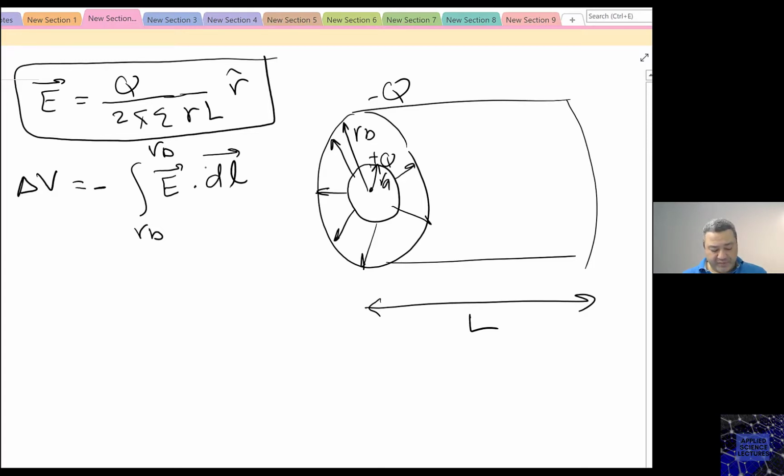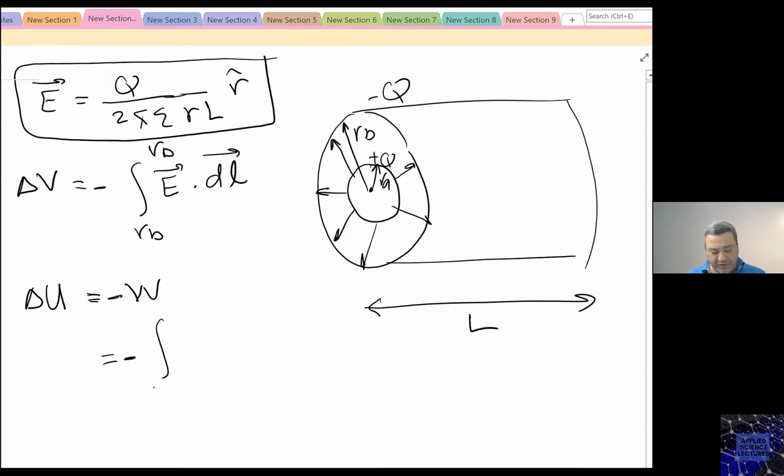Now, if we want to know where this came from, remember we said that the electric potential energy difference equals the work. And we said that usually when the electric field is non-uniform, we use integration.